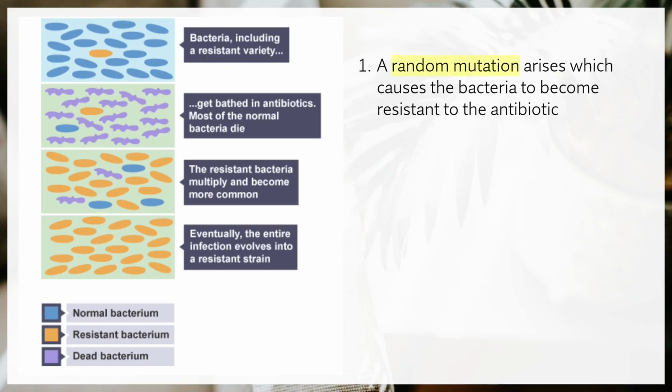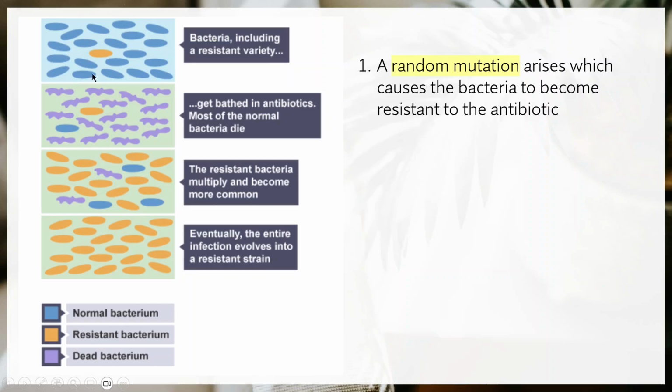Number one, a random mutation arises which causes the bacteria to become resistant to the antibiotic. You can see in this diagram, we have normal bacteria in blue, and then this orange bacteria that developed a mutation that caused them to become resistant.